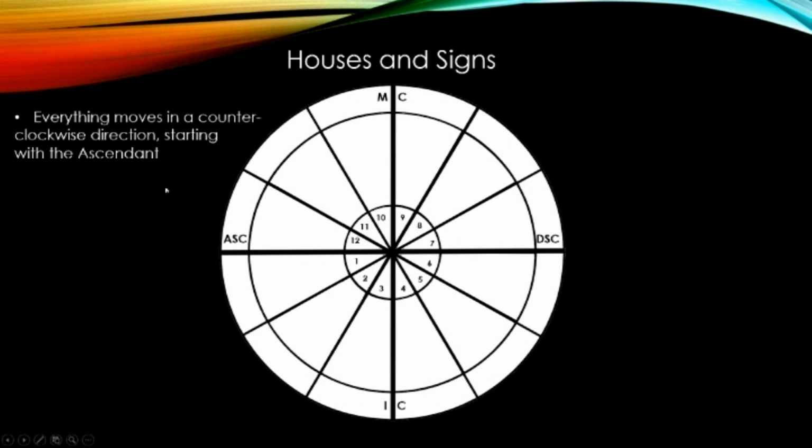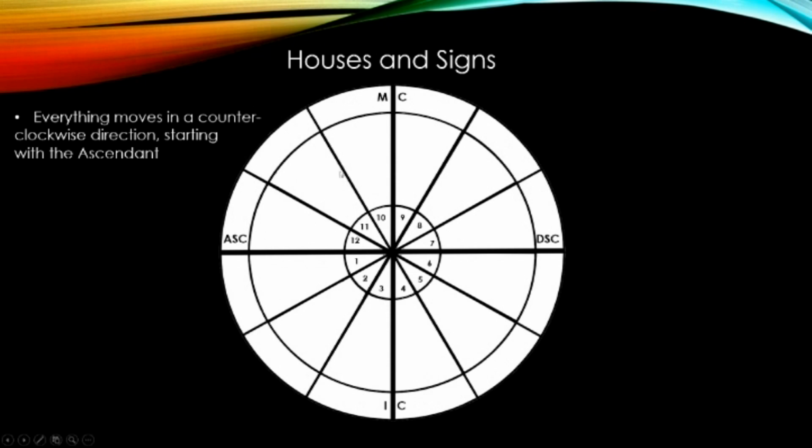Now, to give you some astrological language, what you could say about this is that the ascendant is the cusp of the first house. That line, the ascendant-descendant line, the ascendant is the cusp of the first house. It's the beginning of the first house.